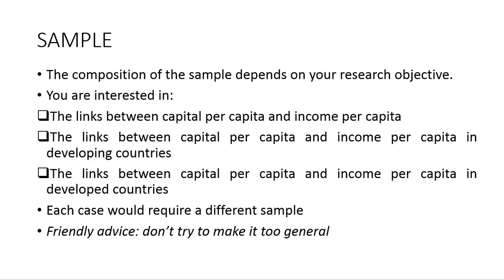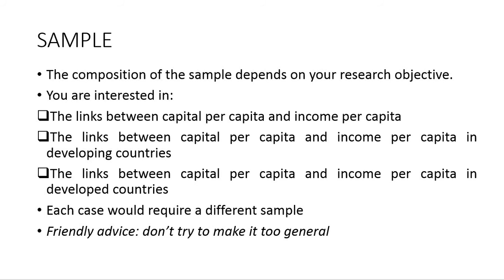So you will do a lot with econometric research, and you will probably have to design an econometric model for your thesis. So my friendly advice is don't try to make it too general. If you want to investigate the links between those variables in general, then you have to ensure that your sample is representative.